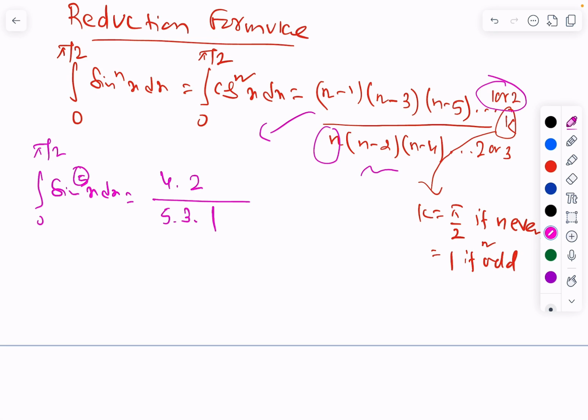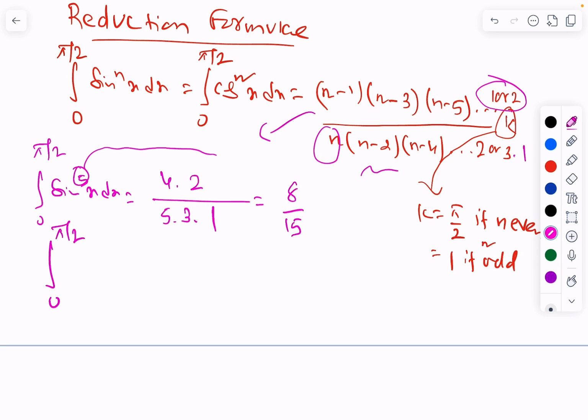And here 5 is odd, so we don't need to multiply anything. So we have 8 upon 15. So that is the way we have.